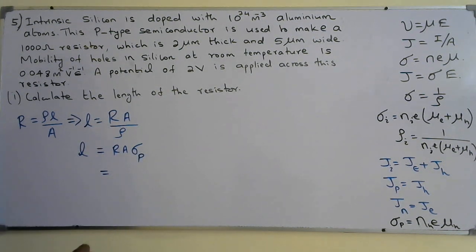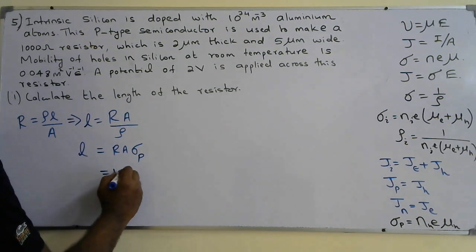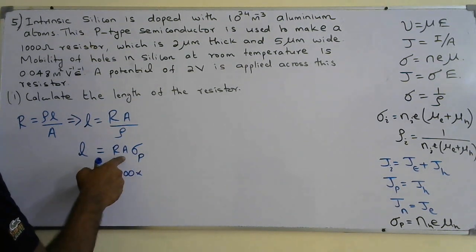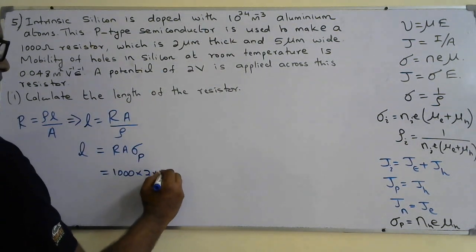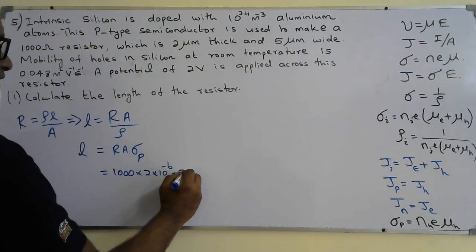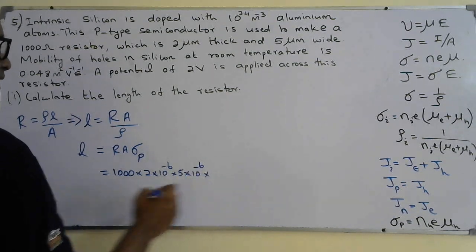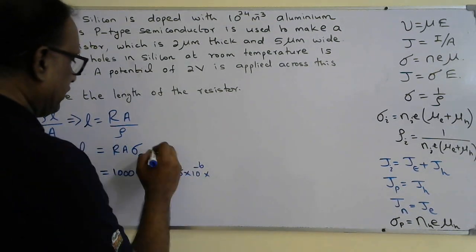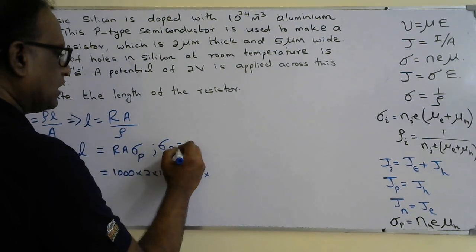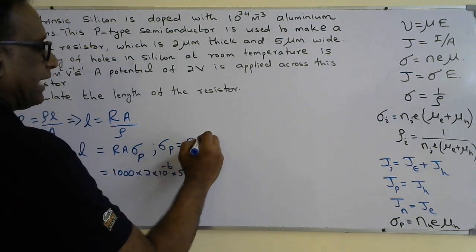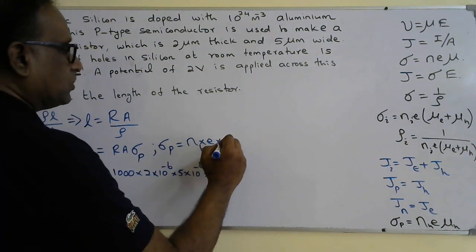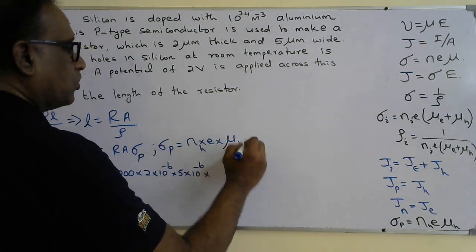We know the resistance, which is 1000 ohms. Area of cross section means width times thickness: 2 times 10 to the power minus 6, 5 times 10 to the power minus 6. We know that sigma P is equal to N holes times charge of the hole times mobility of the hole.